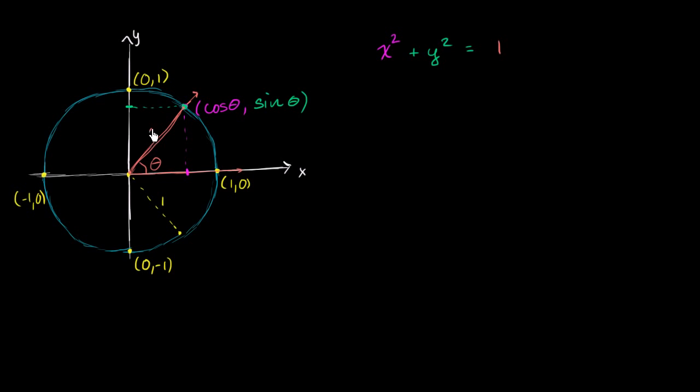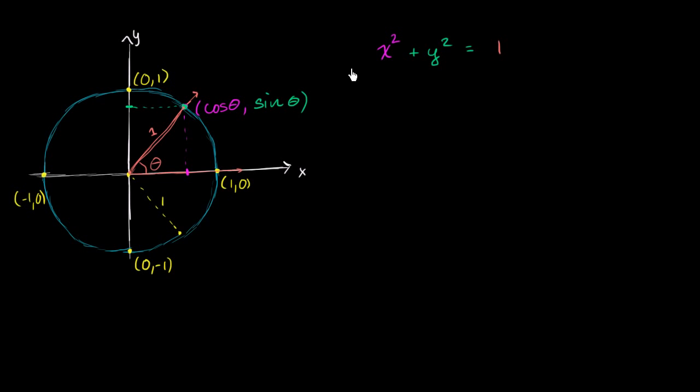This distance right over here is equal to 1. Well, we've already said that we're defining cosine of theta as the x-coordinate of this point, and we're defining sine of theta as the y-coordinate of this point, and this point is sitting on the circle. It has to satisfy this relationship right over here.